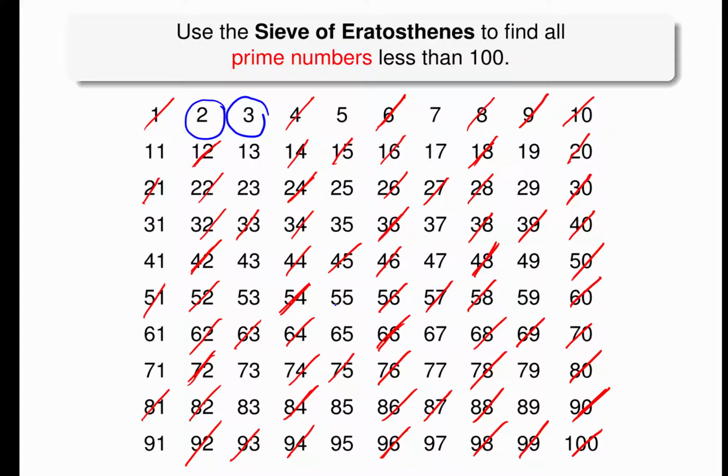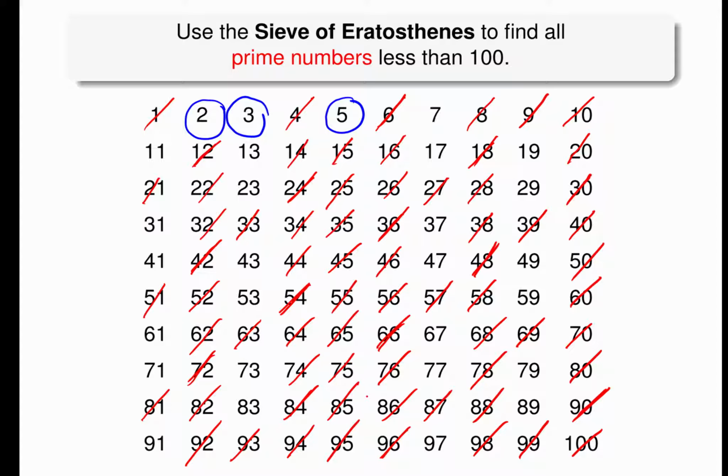The next number that's not crossed out is 5, which is prime, since it's certainly not divisible by 2 or 3. So let's circle it. We then proceed to cross out all the multiples of 5.